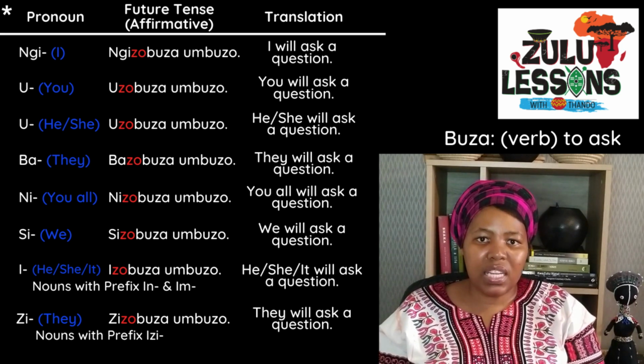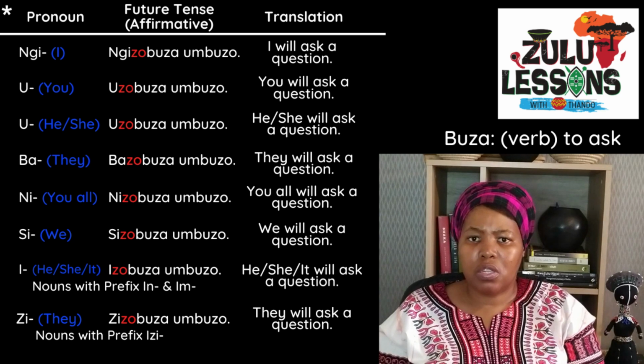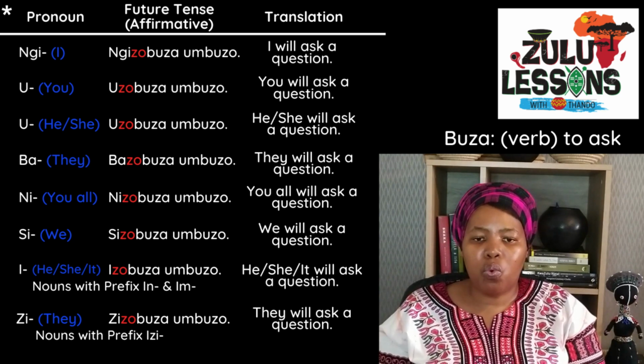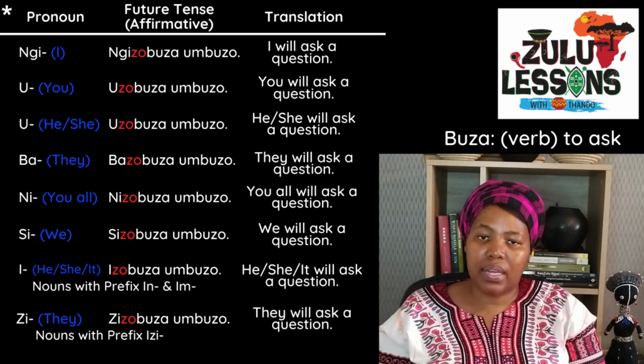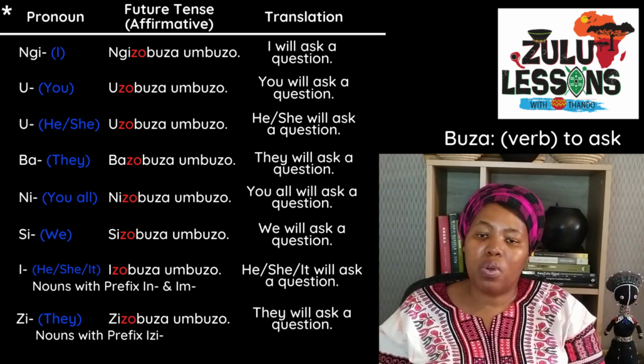Nizobuza umbuzo. You all are going to ask a question. You all will ask a question. Izobuza umbuzo. He or she or it is going to ask a question. Zizobuza umbuzo. They will or they are going to ask a question.